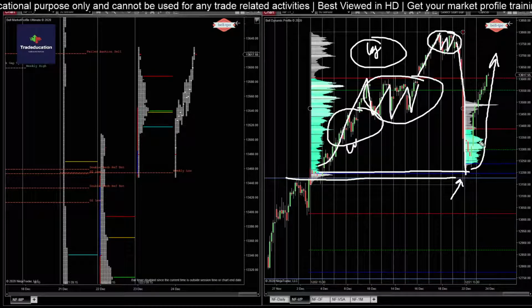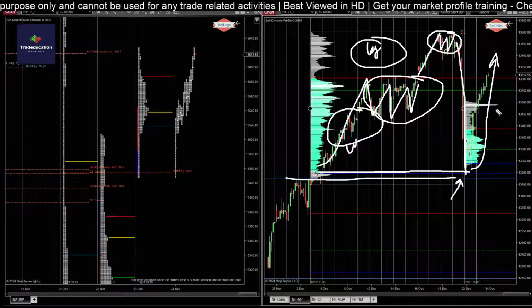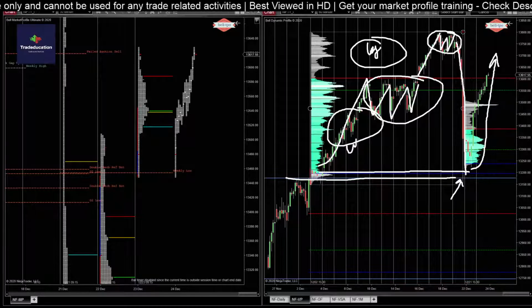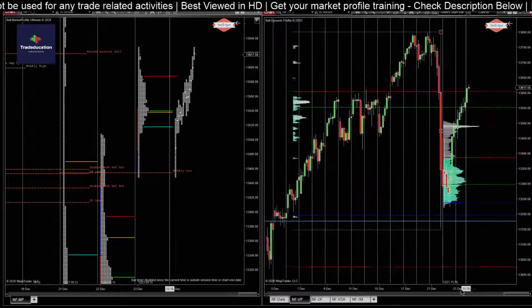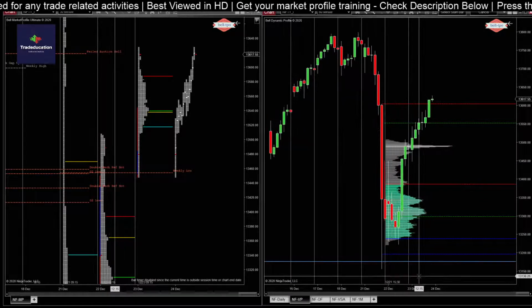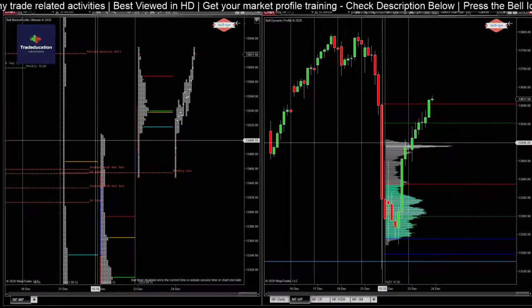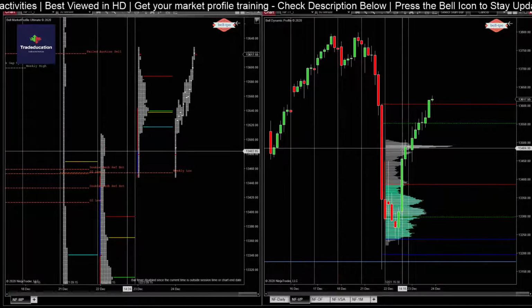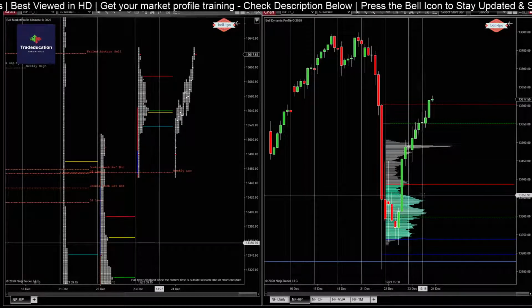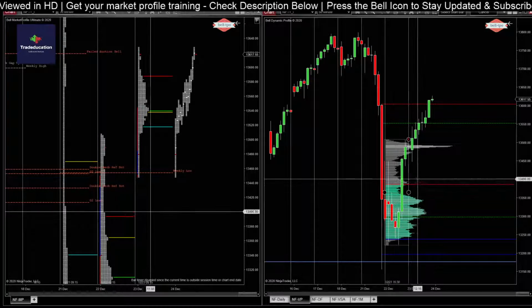Secondly, the auction which came in the last 2 days. Let me first delete this and add the data points. I have started a new auction from the 22nd of December, and we are in a sort of 2 day balance.